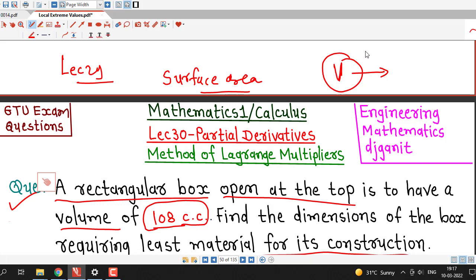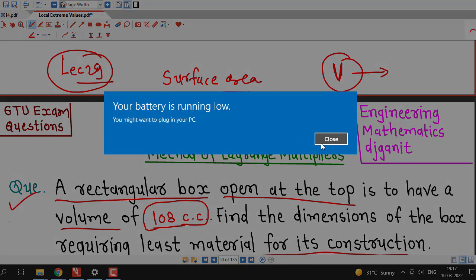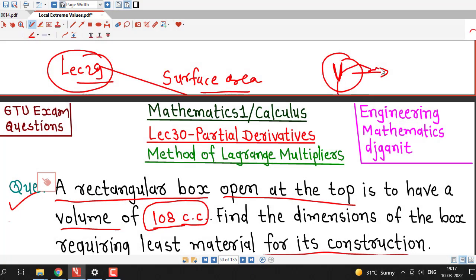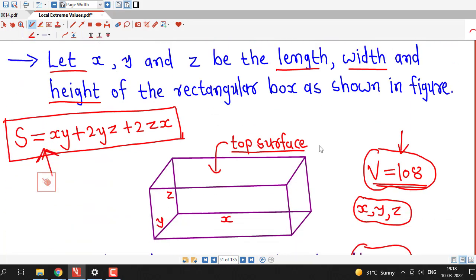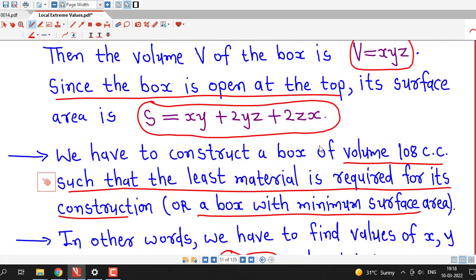So you can compare both the problems. In both the problems we are applying the Lagrange method. The problem which we have done in lecture number 29, in that problem we are maximizing the volume, and in this problem we are minimizing the surface area. So that is the difference between these two problems.